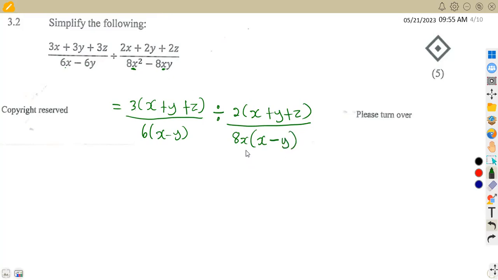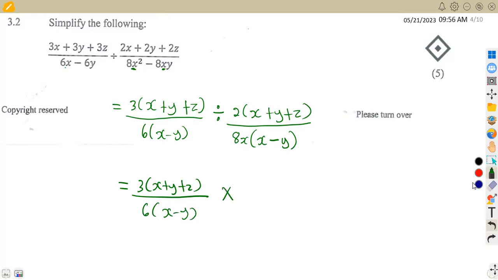Okay, so at this stage, yes, you can divide where you can, like if it is from a single fraction, but to avoid such mistakes, just introduce your multiplication, then everything is going to be perfect. So the first part, this was 3 into x plus y plus z, everything over 6 into x minus y, times.